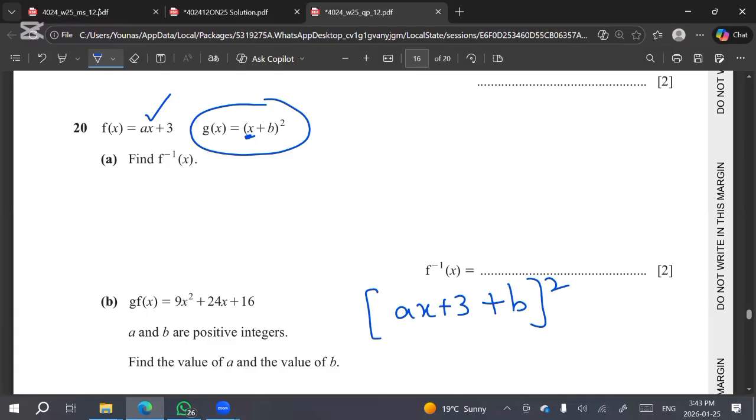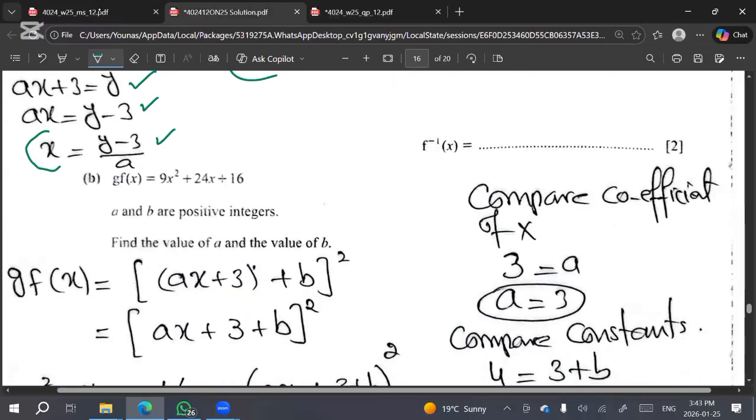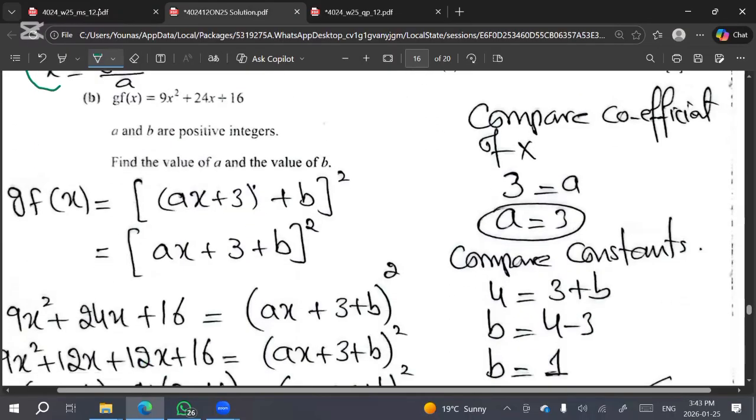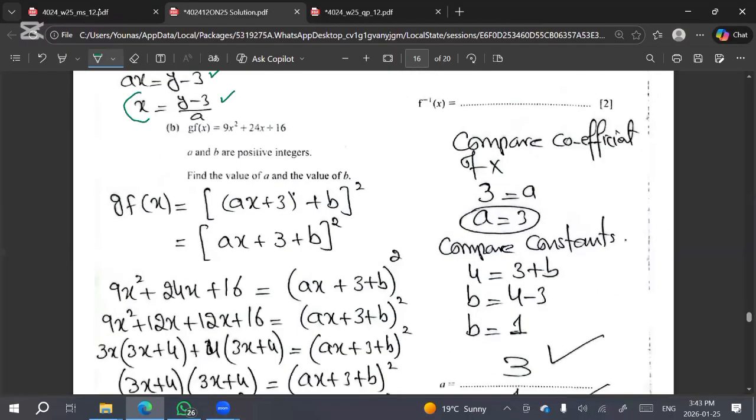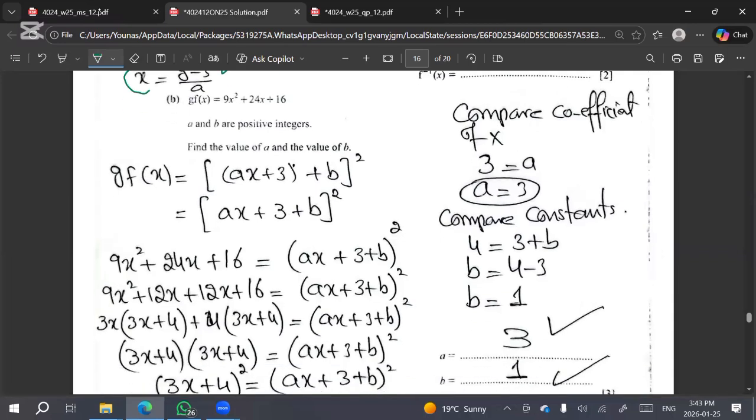Let me show you how I have done this. A very simple, straightforward method. We have to do the factorization, and it's a little tricky question. So I found the formula of gf of x. Now they gave us that gf of x is equal to 9x squared plus 24x plus 16. So I will do the factorization of the left side.